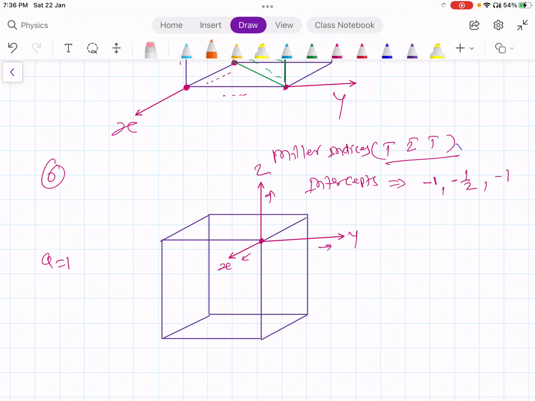It's a -1 on x, -half on y. So half is over here, and -1 on z. So this is a z. Then join all these 3 points.